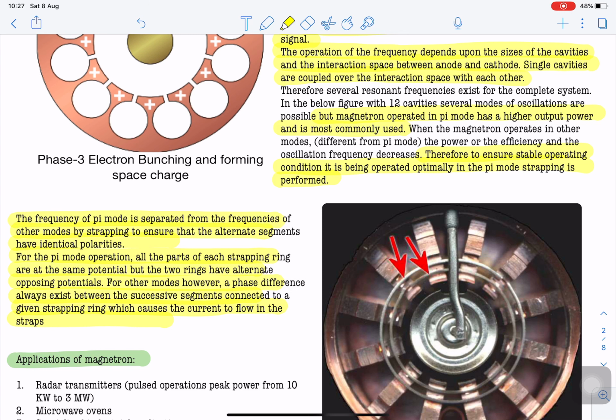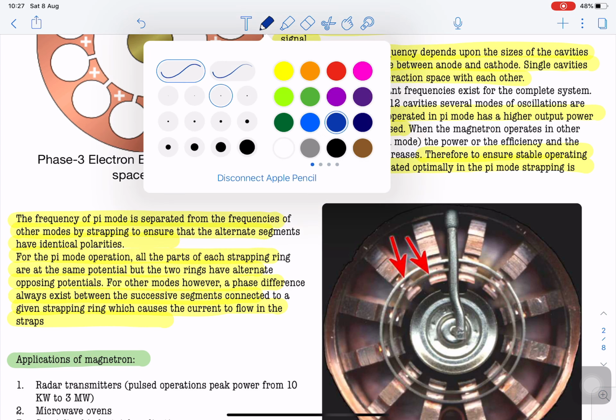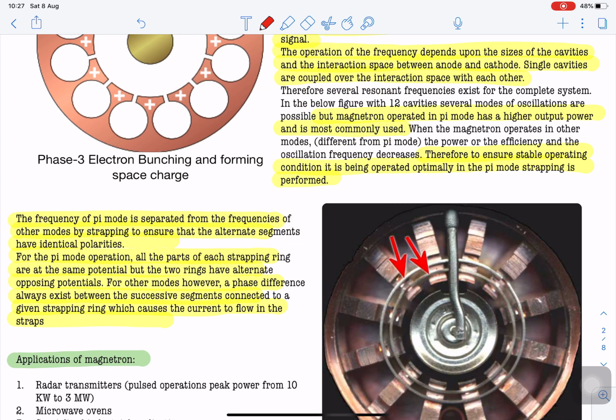In order to facilitate the magnetron to operate in the pi mode, we allow a special process, which we call the strapping process. Strapping will always allow the magnetron to be operated in the pi mode. And why do we want the magnetron to operate in the pi mode?